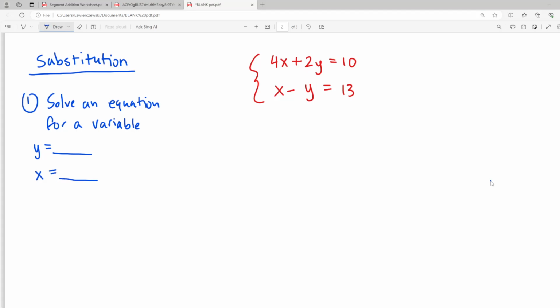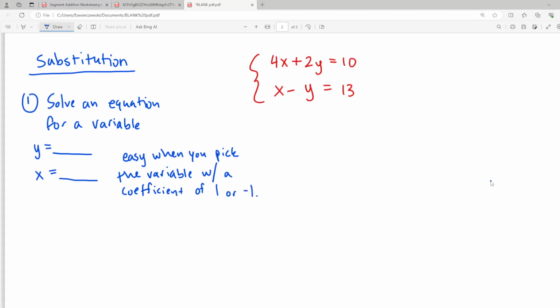This is easiest when you pick the variable with a coefficient of 1 or -1. That's usually the easiest one to do. In this example, x has a coefficient of 1 in the second equation, so that would be easiest to solve for.